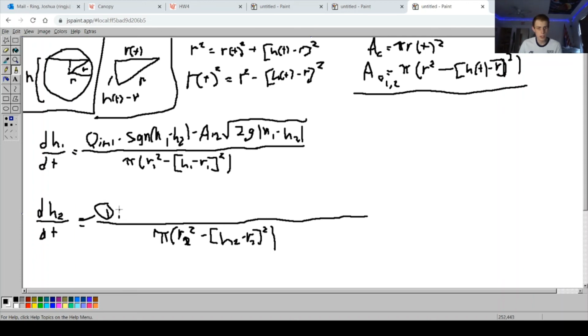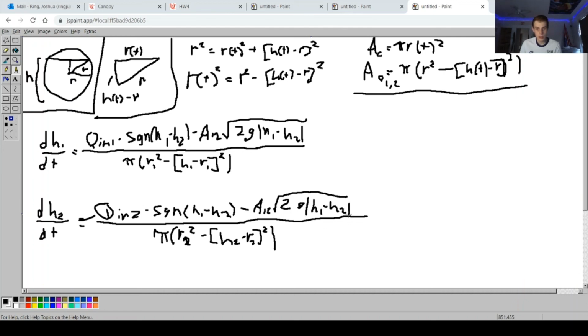Got our Q in, it's Q in 2, minus our sign, h1 minus h2, and that again is being subtracted from A12, the area of the connector pipe, multiplied by 2g(h1 minus h2).